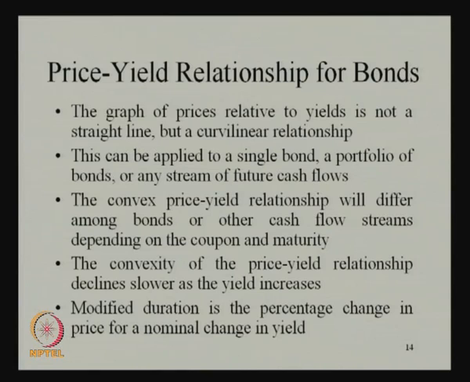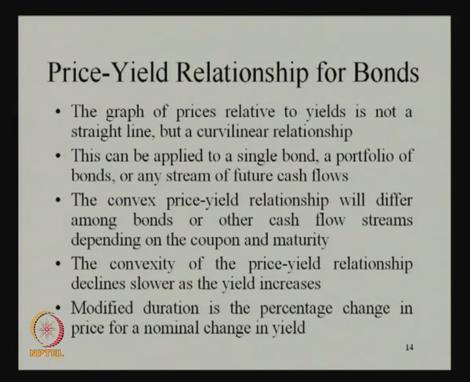The convex price yield relationship will differ among bonds and other cash flow streams depending on the coupon and maturity. If yield or interest rate increases, the convexity of the price yield relationship declines.